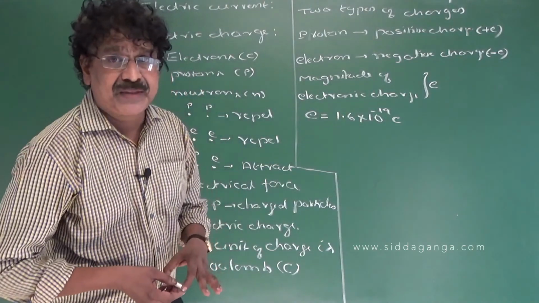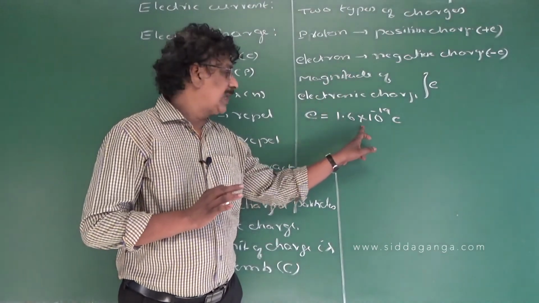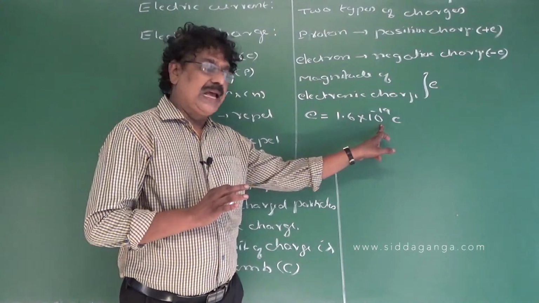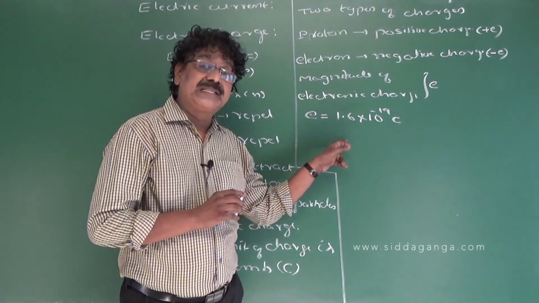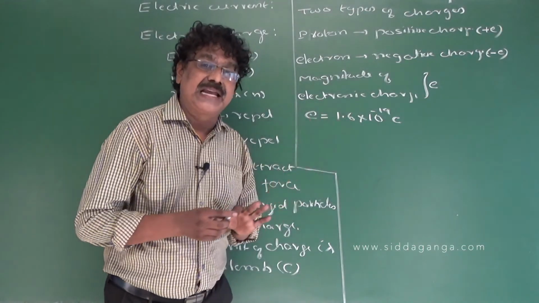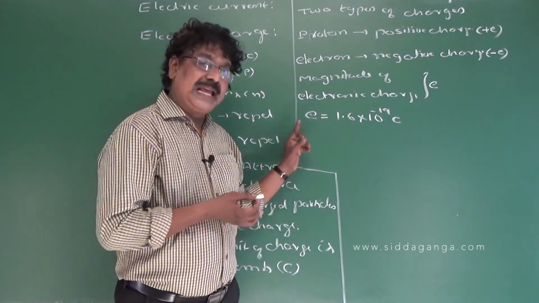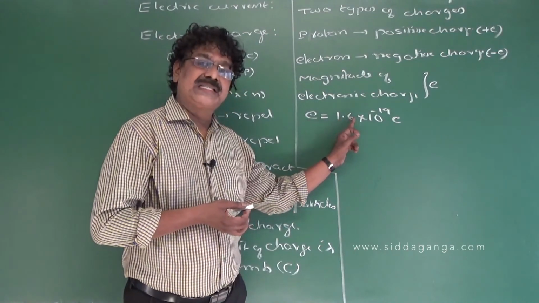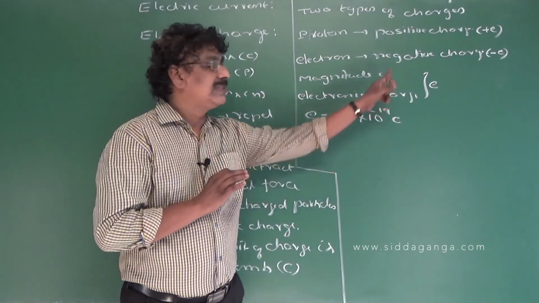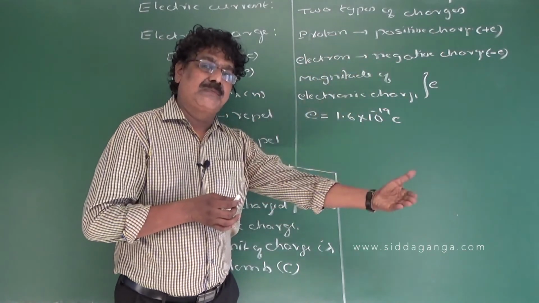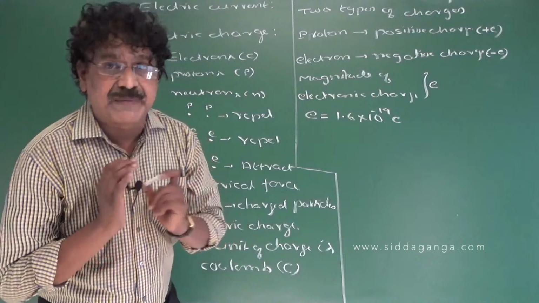That means the charge of a proton is plus 1.6 × 10^-19 coulomb and the charge of an electron is minus 1.6 × 10^-19 coulomb. But when we consider the magnitude of charge alone, we take e equal to 1.6 × 10^-19 coulomb. When we consider the nature of charge, we take plus e and minus e for proton and electron respectively.